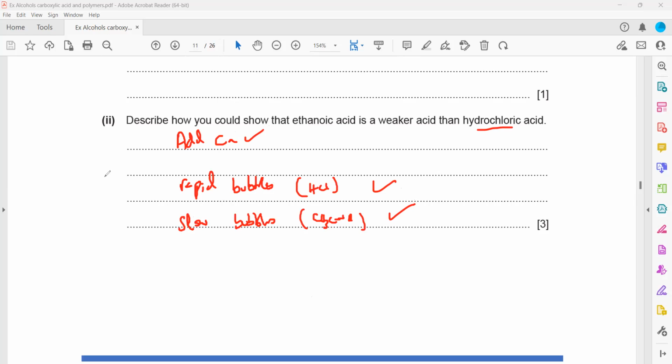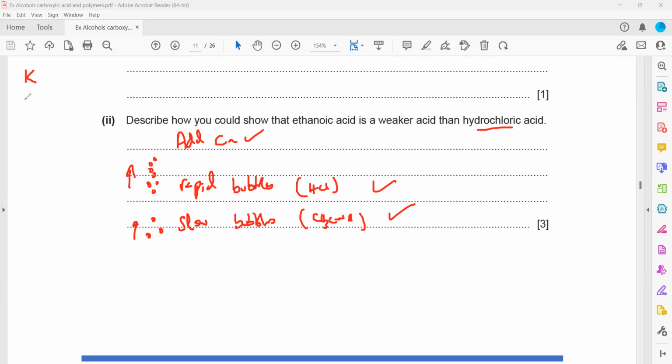How do we identify the reactivity? The one forming rapid bubbles has a faster reaction. The one forming slow bubbles means the formation is slower, which means that acid is a weak acid. The metal matters, because not all metals can react with acid. We are not identifying the reactivity of the metal, we are identifying the reactivity of the acid.